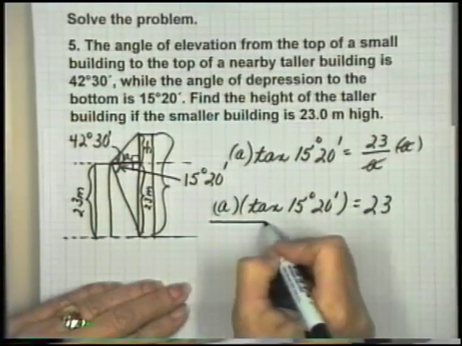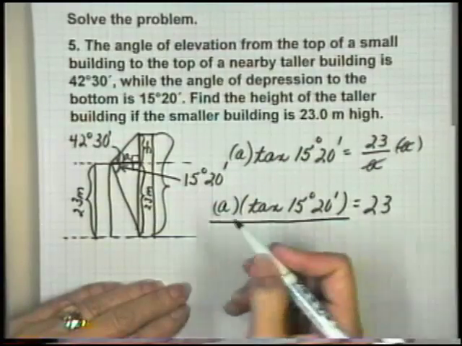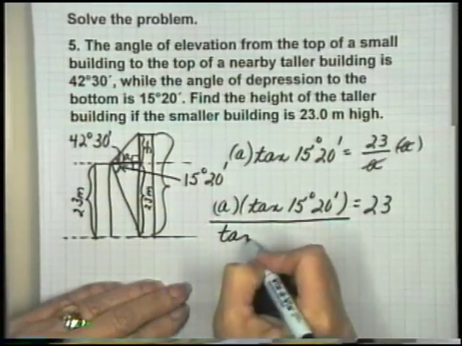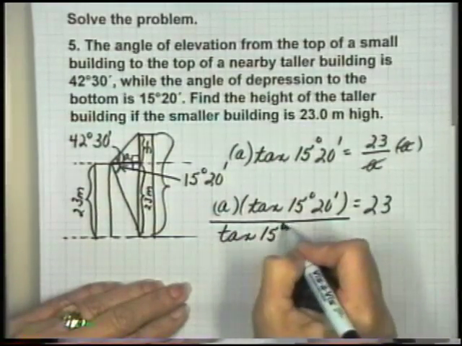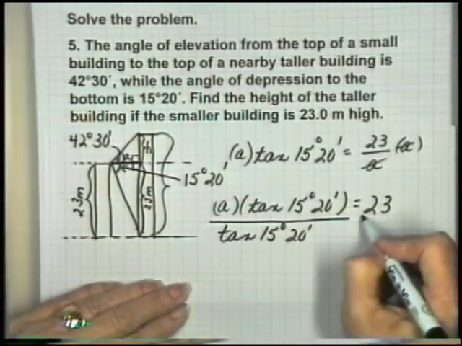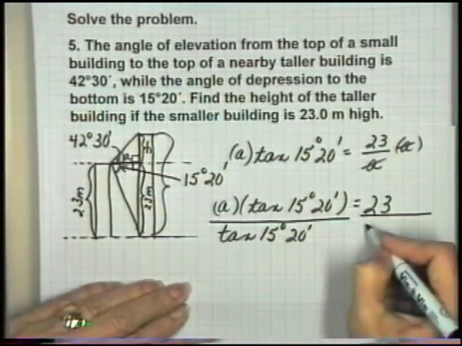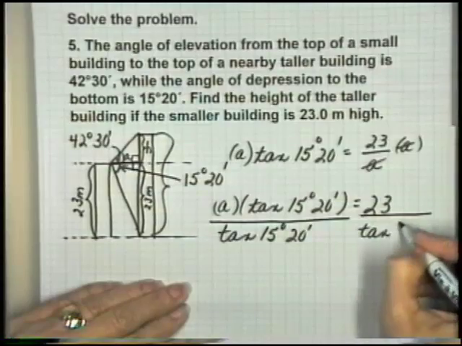and then of course to undo multiplying A by the tangent of 15 degrees 20 minutes, we'll divide both sides by the tangent of 15 degrees 20 minutes.